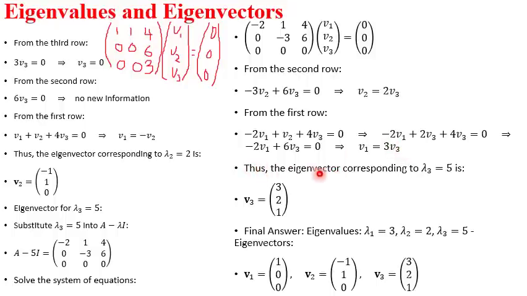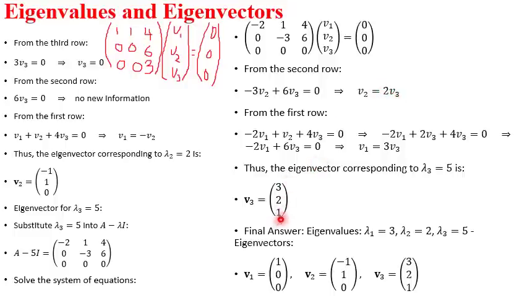Therefore, the eigenvector corresponding to this eigenvalue is, this is V1, V2, and V3. So V1 will be equal to 3 multiplied by V3, and V2 will be equal to 2 multiplied by V3.